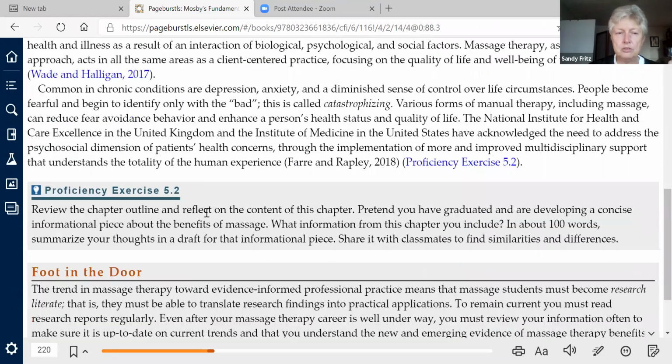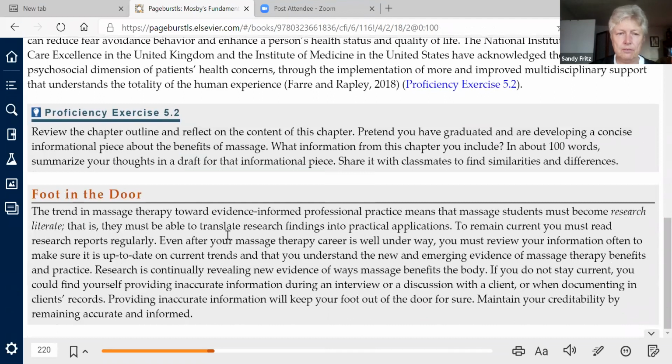And as we close this chapter out with our little foot in the door here, information changes all the time. The information in this chapter was accurate as it went to print. Just before it went to print, I actually had them make a couple little changes based on research studies that had been released.